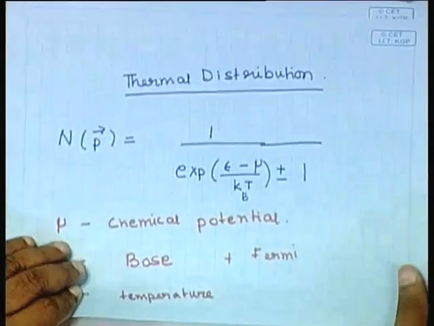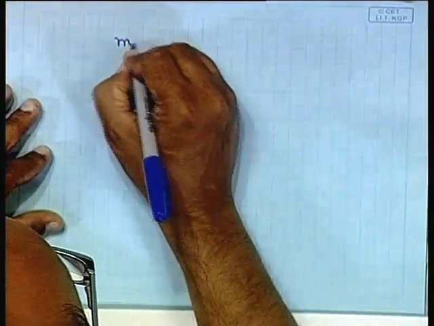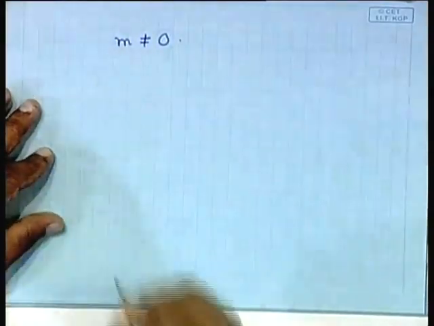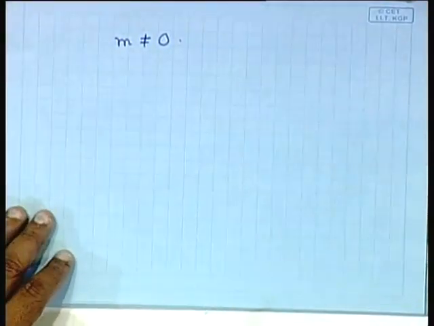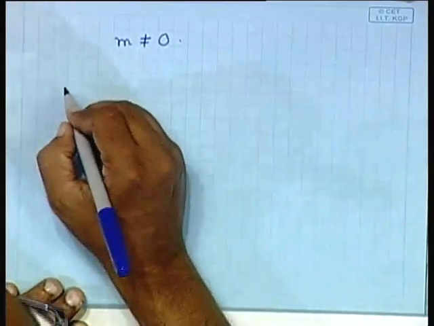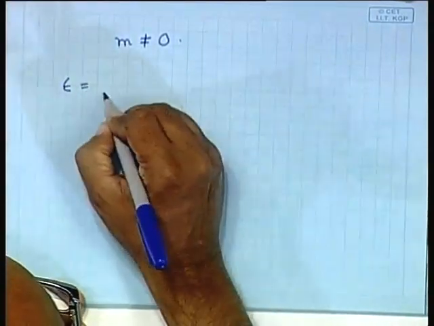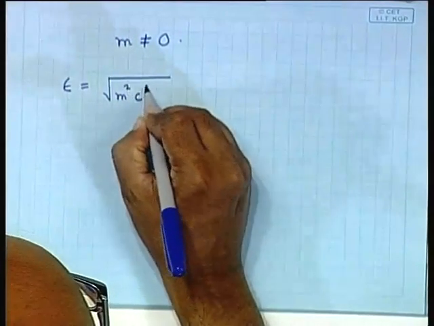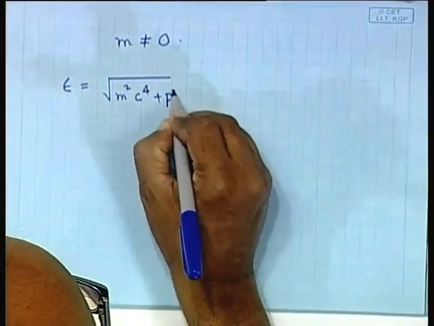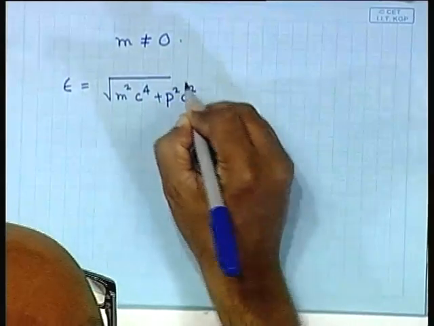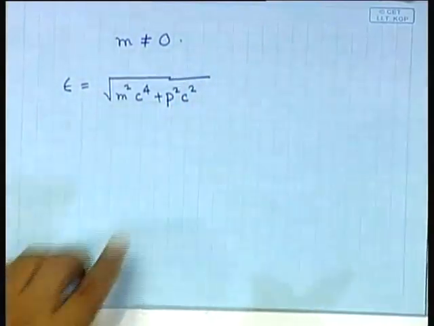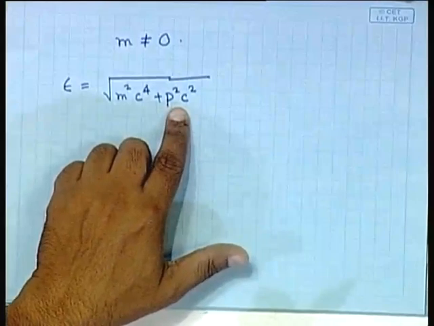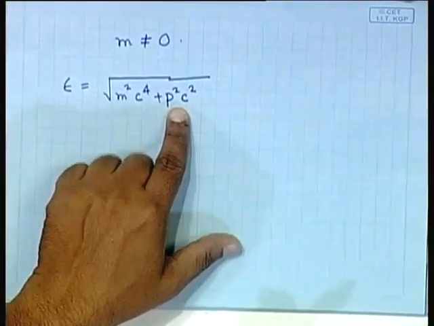The main difference that occurs when you have massive particles is that m is not equal to 0. So, the energy of the particle is now the square root of m square c4 plus p square c square. So, there is an energy even when the momentum is 0. That is the main difference. The energy is mc square.